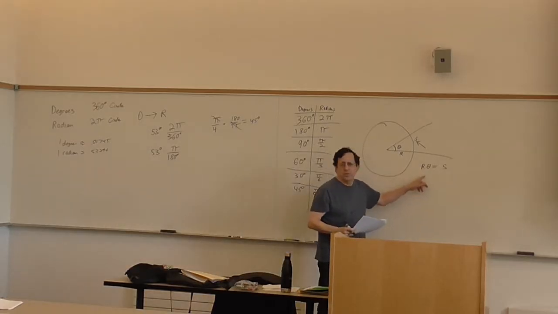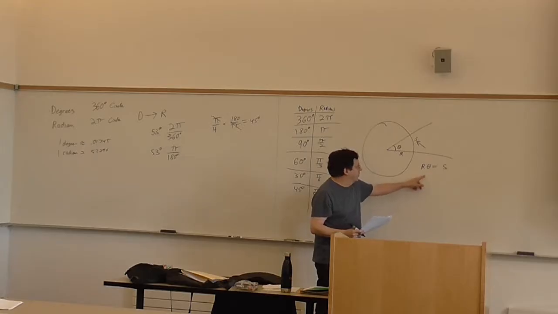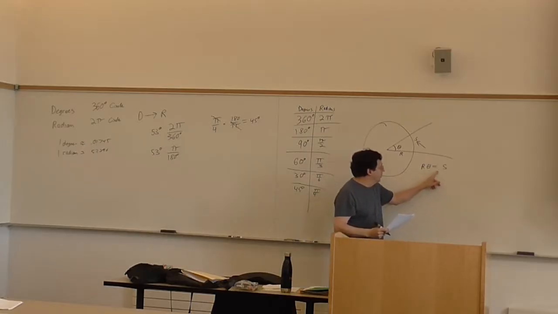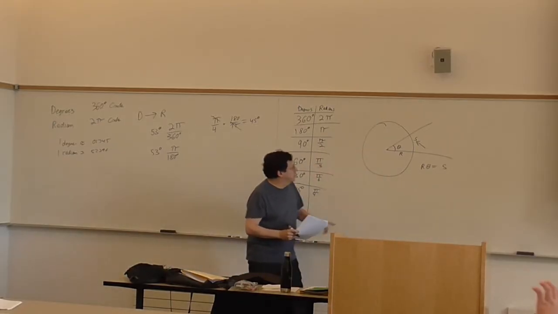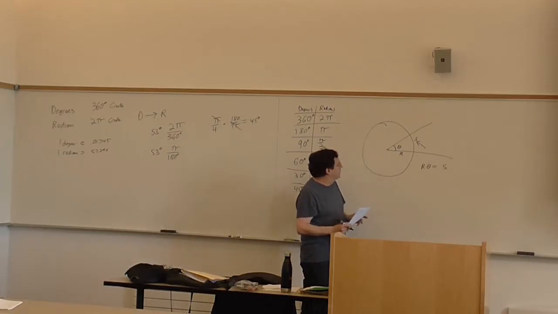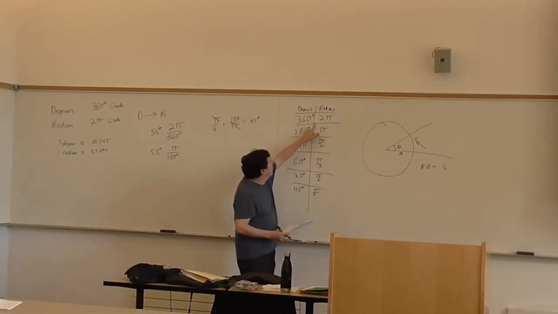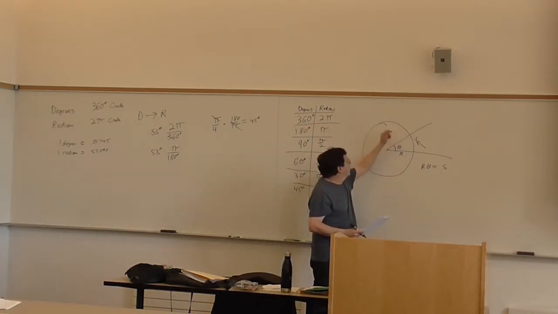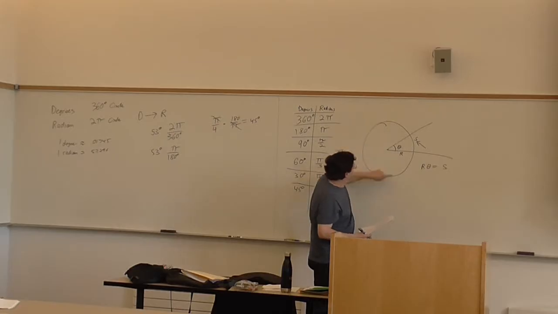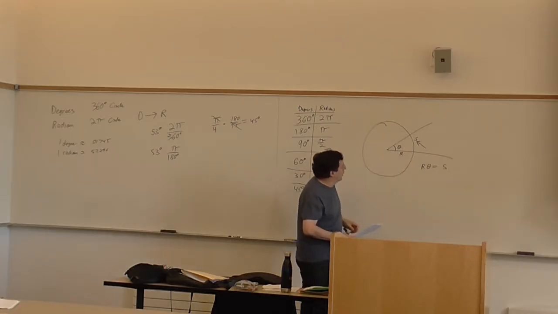When r is conveniently 1, which we're going to do a lot, we're going to have a unit circle, then the radian measure is equal to the arc length. And just as one minor example, 2 pi radians is going to be the circumference of a circle with radius 1.